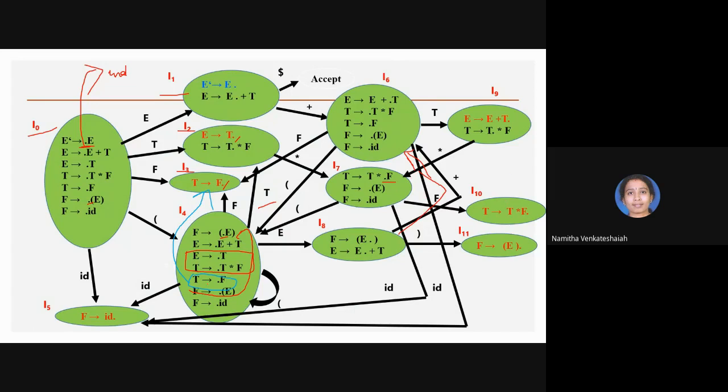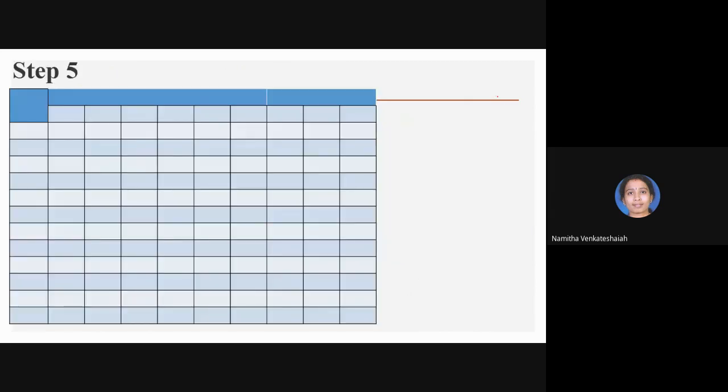If you observe, the dot is at the end. E dash produces E dot, that is one thing. I will write 1, 2, 3, 4, 5, 6, 7. Seven things.